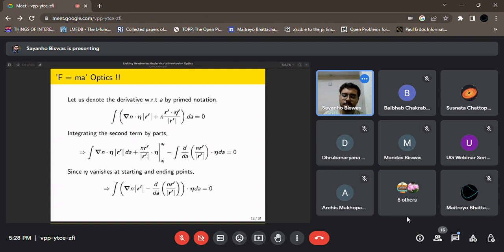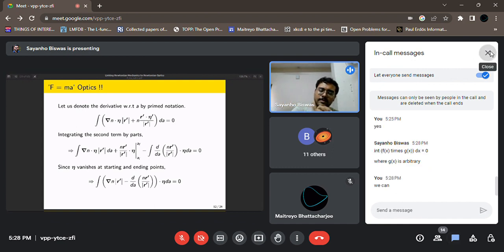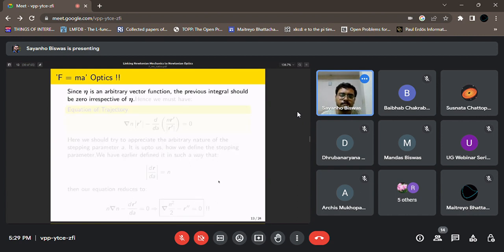We can, can't we? So applying a similar logic, eta being an arbitrary vector, the only restriction being that it vanishes at initial and final points, the term multiplied with it, which is also a vector quantity, in a dot product with eta, must be 0. That is what I've exactly written.